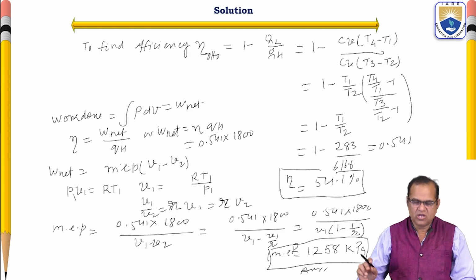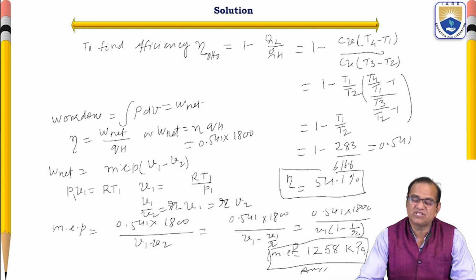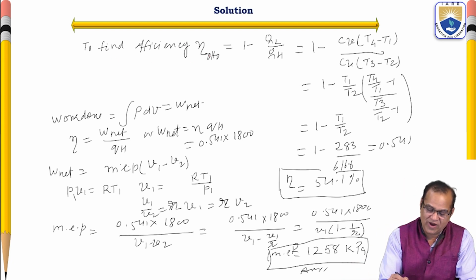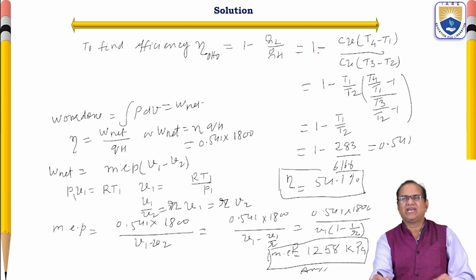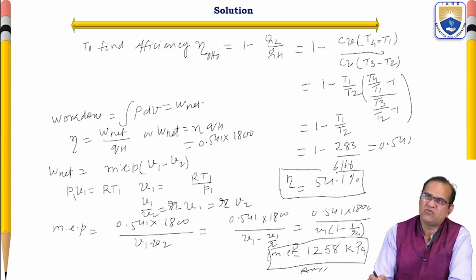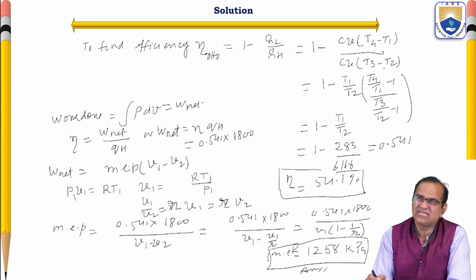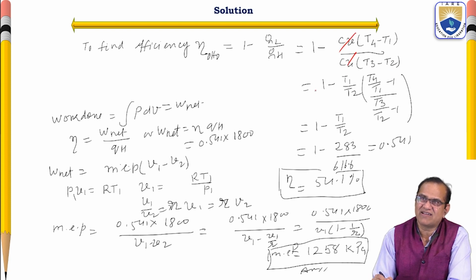So now we have to find the efficiency of the system. To find the efficiency, we know that eta Otto cycle is equal to 1 minus QL by QH. So this we can write as 1 minus Cv (T4 minus T1) by Cv (T3 minus T2). Cv is cancelled, and we will take T1 as constant. So 1 minus T1 by T2, times (T4 by T1 minus 1) divided by (T3 by T2 minus 1). These things are the same.